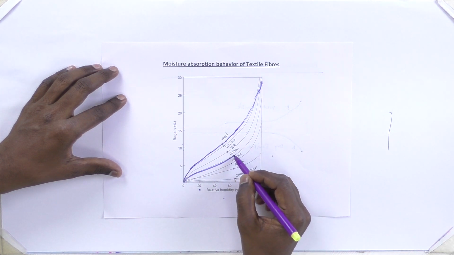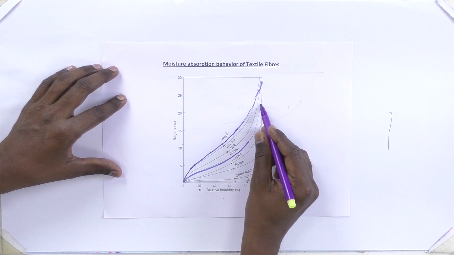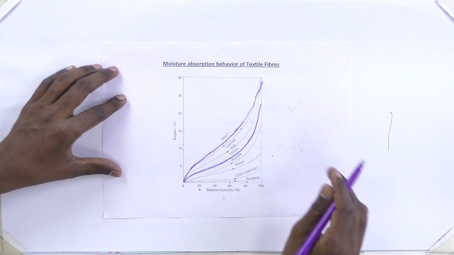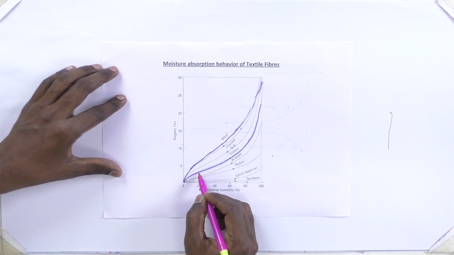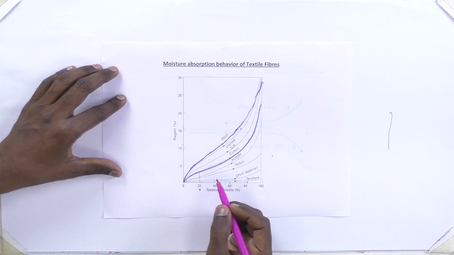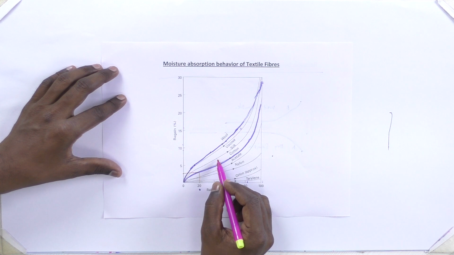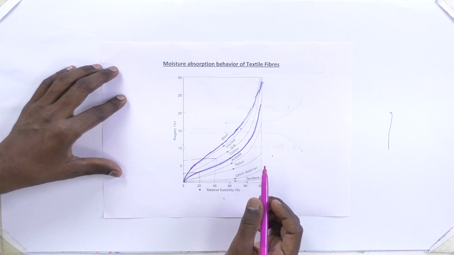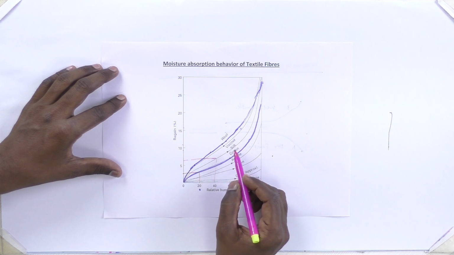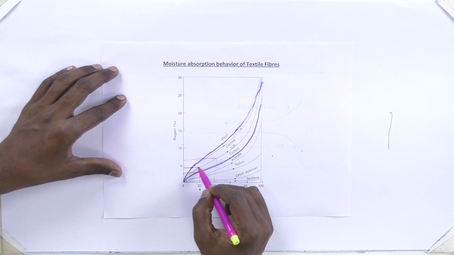The same way, the cotton fiber. Initially, the cotton fiber has less regain value, around 4 at 40%.